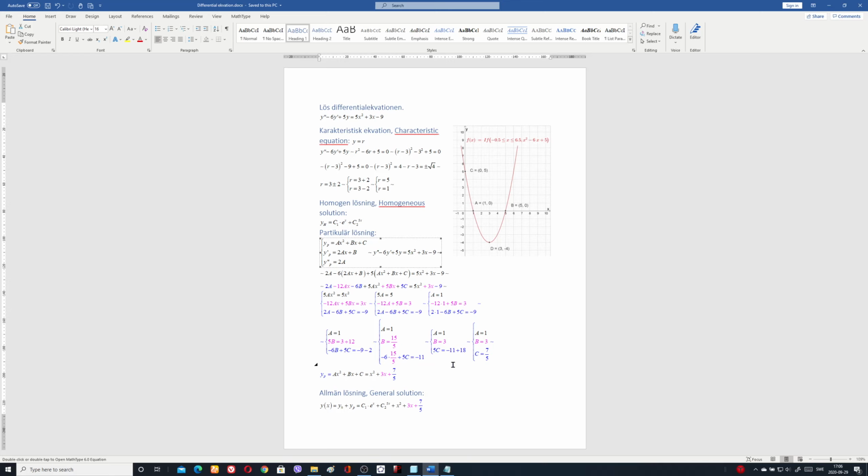So we have find the particular solution of this equation, or particular lösning på svenska, which is ax power 2 plus bx plus c, and then this one gives the x squared plus 3x plus 7 divided by 5, and we receive it in Swedish the allmänna lösningen or general solution, which is this one here. So we're done. That's it.